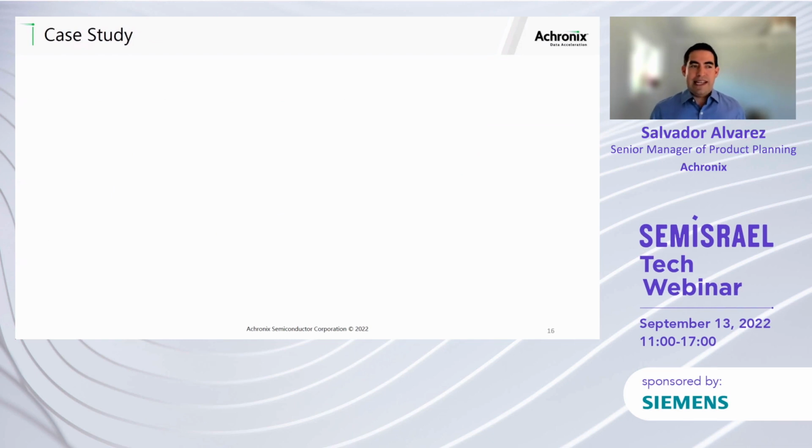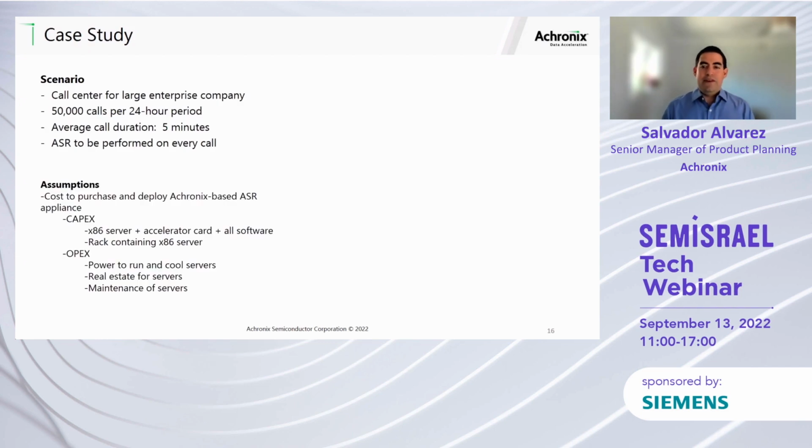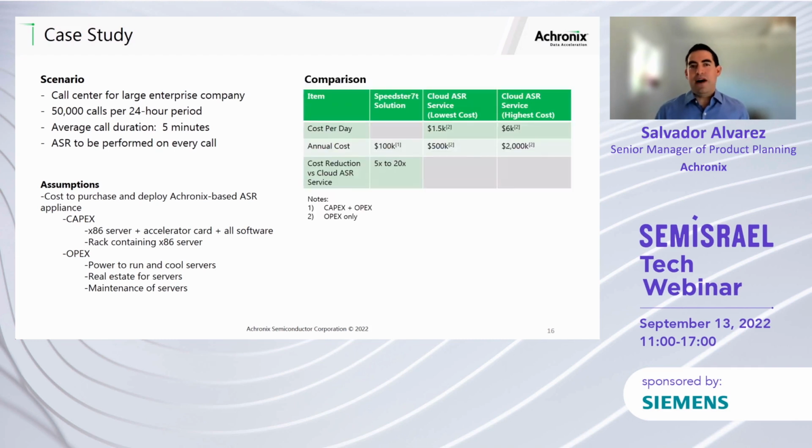So let's take a look at a case study on cost and put aside the security and customization aspects for now. If we take a look at a large enterprise that's handling, say, 50,000 calls a day, with the average call duration being 5 minutes, then your annual cost is anywhere from $500,000 to $2 million a year.